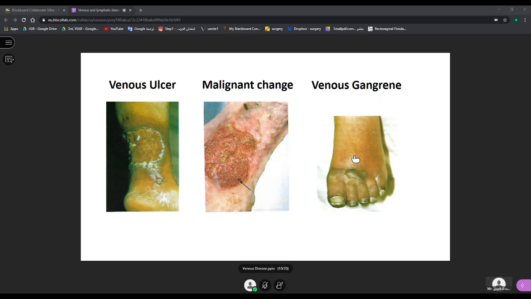Arterial insufficiency. Yeah. Secondary to the venous swelling, the pressure increases significantly in the lower limb, and this will impede or decrease the arterial inflow to the lower limb, and this can result in ischemia. So what do you call this type of ischemia, which is secondary to this venous congestion?